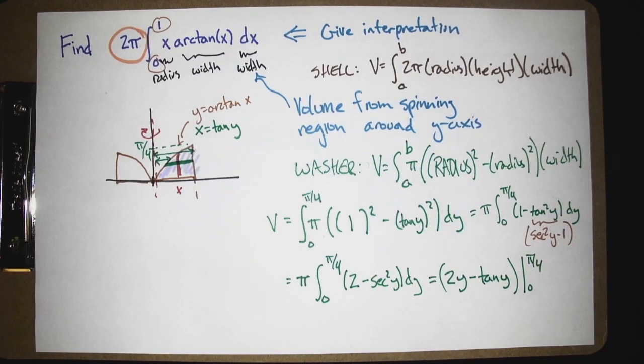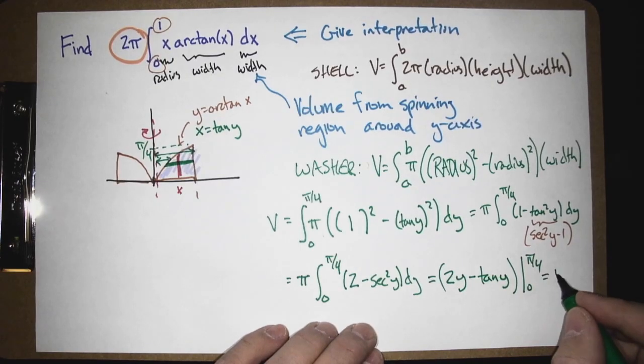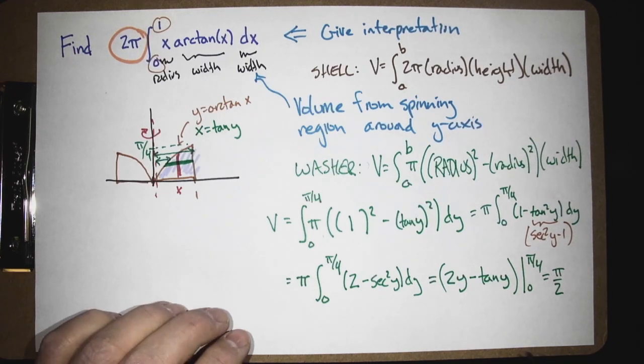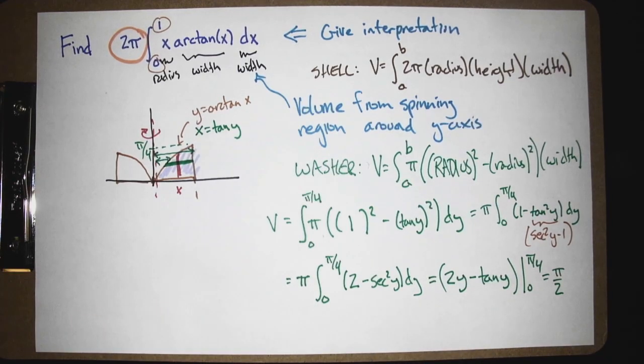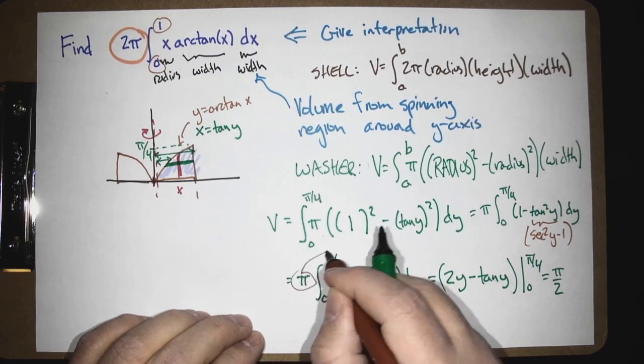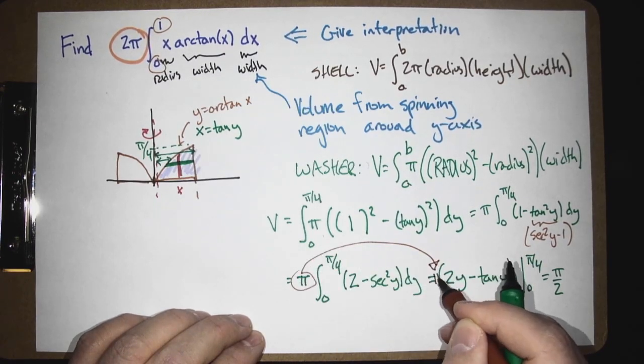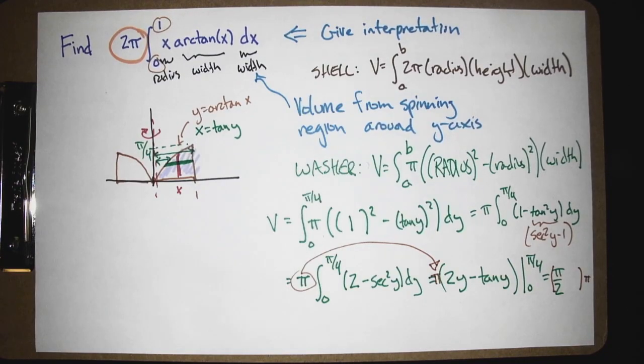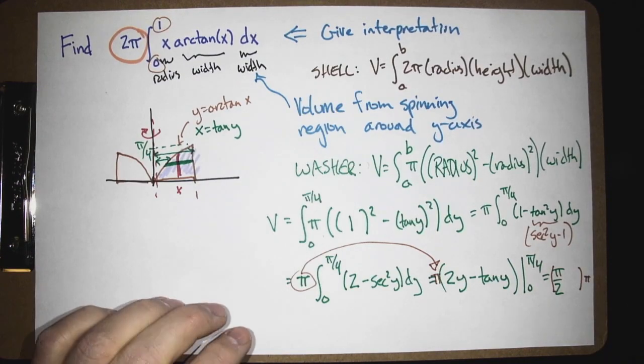Plug in pi over 4. 2 times pi over 4, also known as pi over 2. Tangent of pi over 4. And you probably say, Steve, you forgot your pi. All right. So there's another pi there.